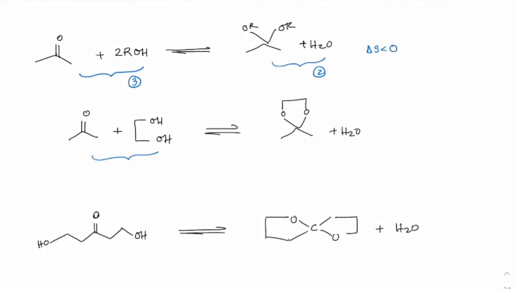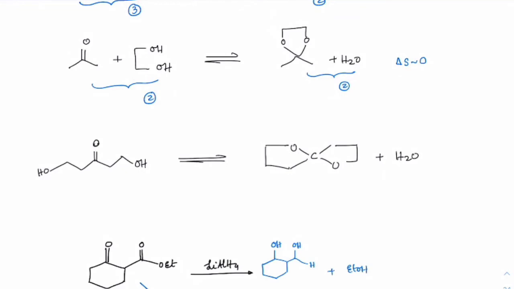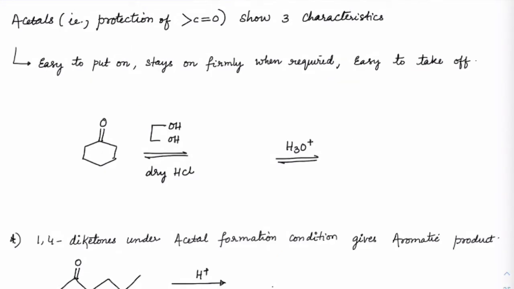Here we have 2 and 2, so entropy is almost 0. Here we have one molecule and water will anyway come out of it, so we will get 2 molecules, so delta S is positive. In fact, this will be more spontaneous as compared to the others.